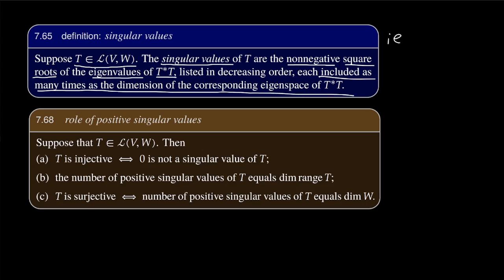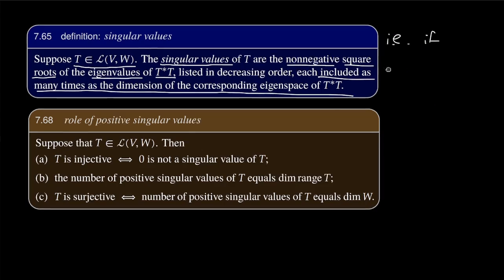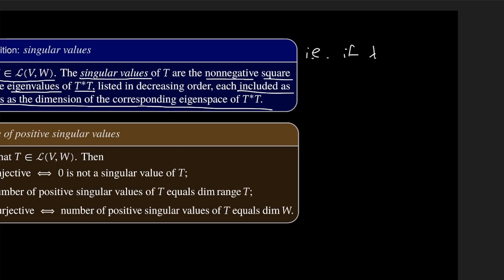So, i.e., if lambda 1 through lambda k are the eigenvalues of T star T, well, since T star T is self-adjoint, these things are automatically real, and since it's positive, they are all automatically non-negative.